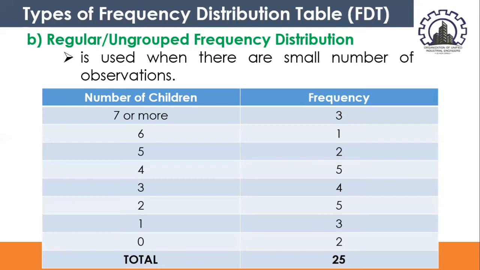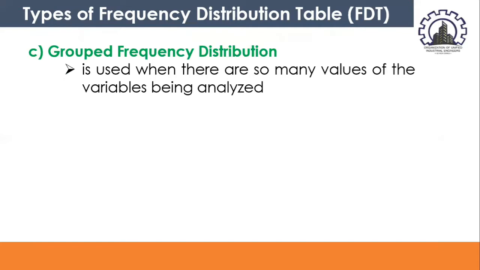And the last type of frequency distribution table is what we call grouped frequency distribution. So what do we mean by grouped frequency distribution then? It is used when there are so many values of the variable being analyzed, okay?